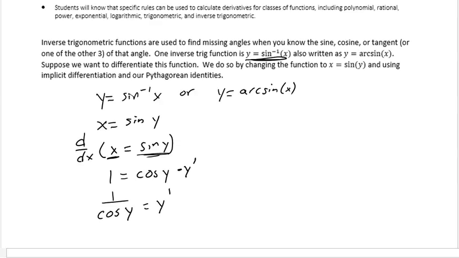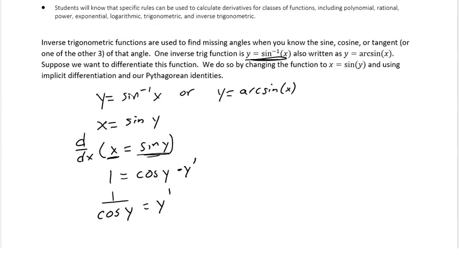Now the issue with that is there's no x. We want to have x to plug in. We have cosine of y. This is not wrong, but it's not in the form we want it.